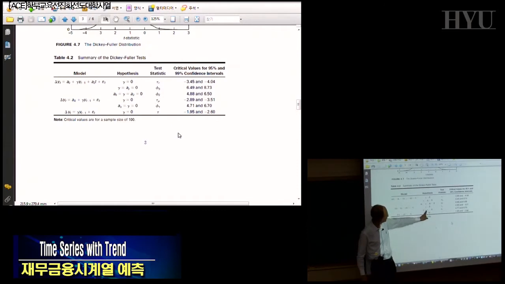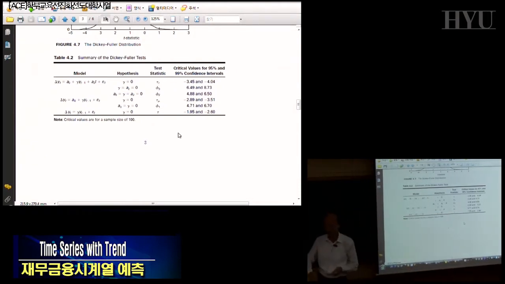In this case, the number of restrictions is 2: gamma is 0, A2 equals 0. So 2 restrictions. For the pi 2 statistic, there are 3 restrictions. And 2 restrictions. So that's the number of restrictions.